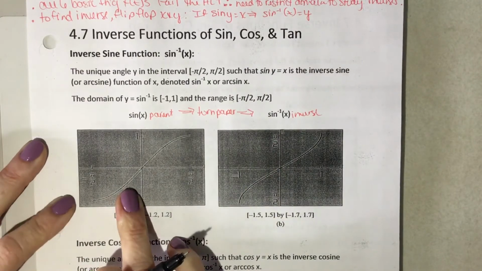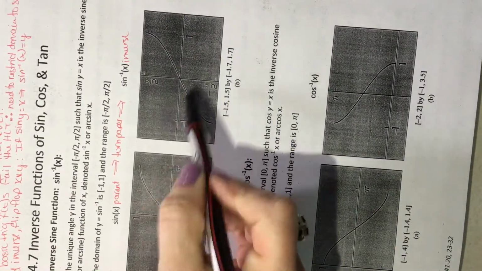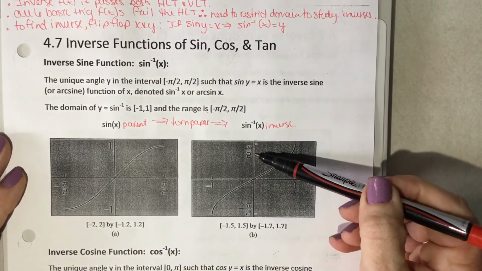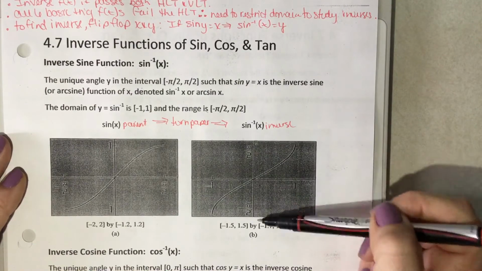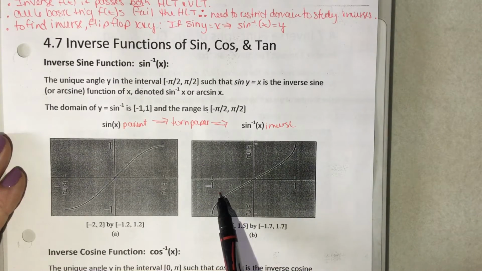Okay, so here's this, and I turn it a quarter turn, and now I have my inverse function. That's all that happened, okay? So now my pi over 2 is my y-axis, whereas before it was my x, and my x-axis became my y-axis, vice versa.